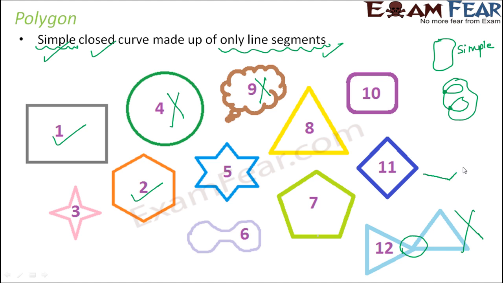However, if you draw a similar figure like this, then it is a polygon, because in this case, it is not crossing over itself. So this is a simple curve, and this would be a polygon. In a similar way, try to identify all these images, whether it is a polygon or not. So the 3 criteria: simple curve, closed curve, only line segments. If these 3 are satisfied, that means that figure is a polygon.